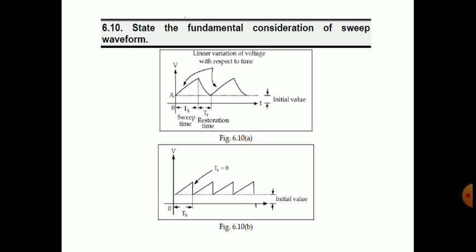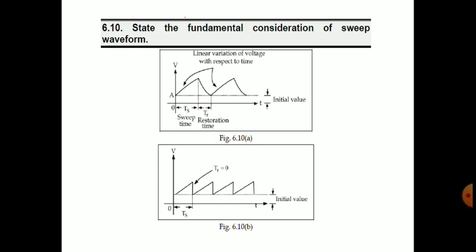Now, the next topic in this sweep voltage is the fundamental consideration of sweep waveform. Which waveform will be considered as a sweep voltage waveform? Observe figures 6.10a and 6.10b. In 6.10a, the waveform is a linear variation of voltage with respect to time.